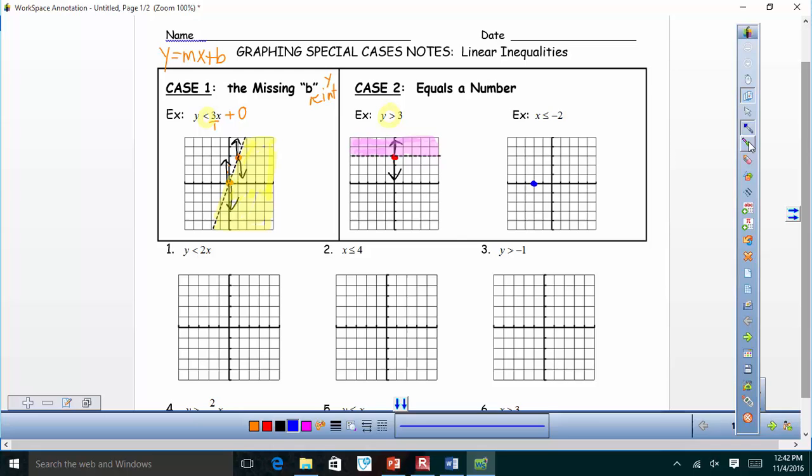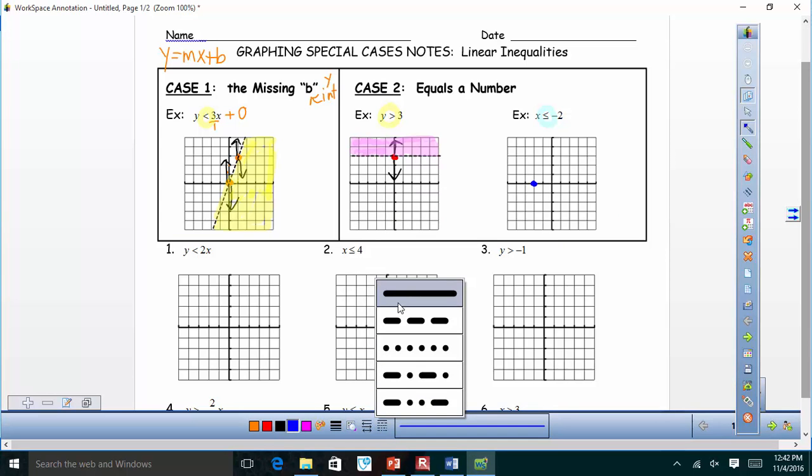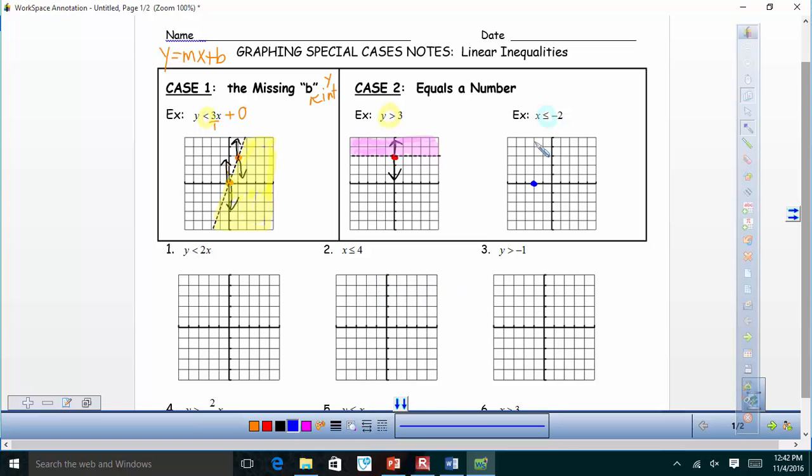Looking at this sign, is it a solid or dotted line? Solid. So we draw a solid line all the way through.